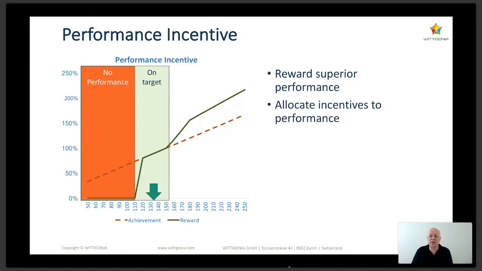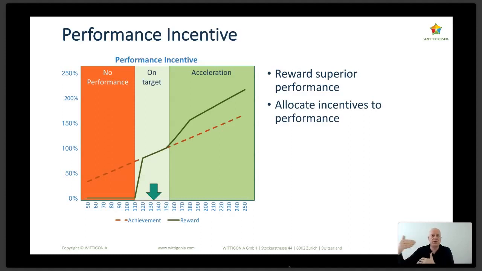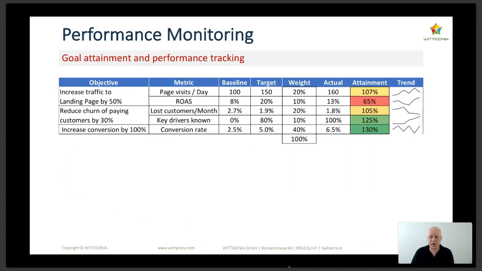But everything below that is a non-performance and should not continue and probably not get any additional budget. But if we exceed that target, and if you really work very smart and hard on the objective, then we would reward the performance. So we would establish, let's say, a kicker where, in addition to the normal fees that we have agreed, we would increase the fees if you exceed certain thresholds. That's something I've put together in a very simple spreadsheet that you can actually download.